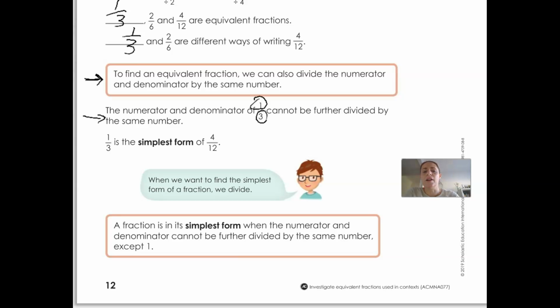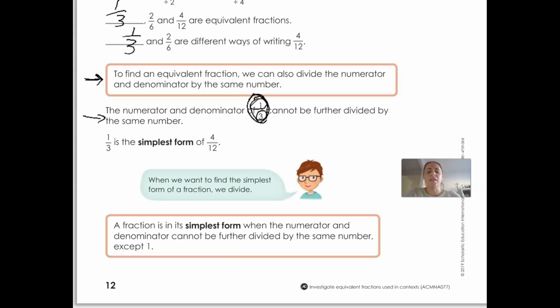It's the same with 1. 1 is a prime number. The only thing that can be divided into 1 is 1 itself. So 1/3 is the simplest form of 4/12. And neither 3 nor 1 are part of a fact family except by themselves. In this case, there's no lesser number.